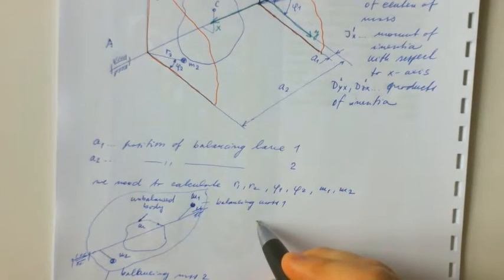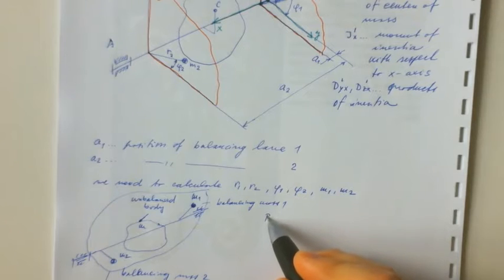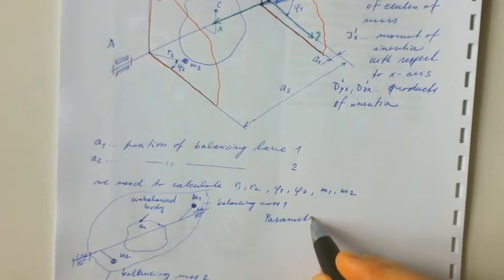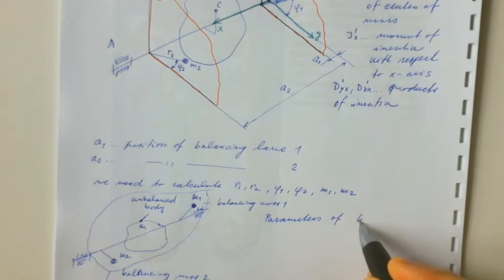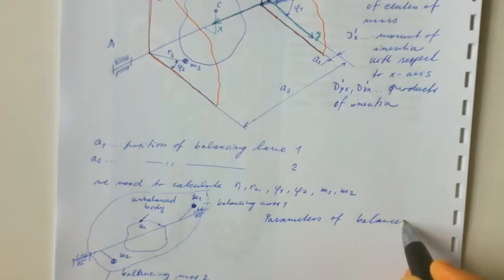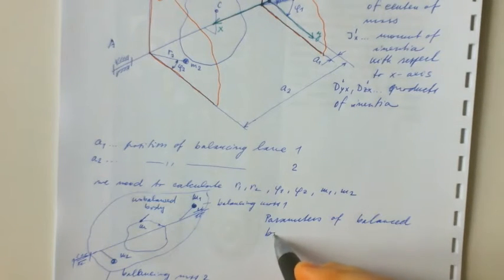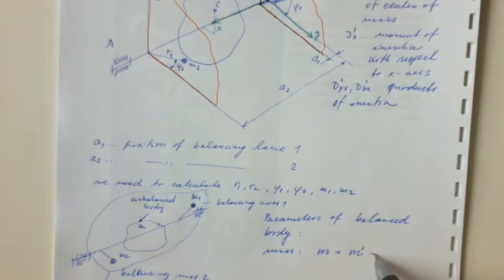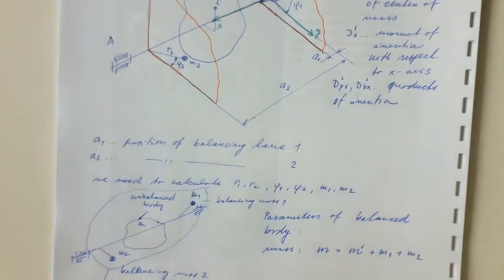The parameters of the balanced body: the mass M is the mass of the unbalanced body plus balancing mass 1 plus balancing mass 2.